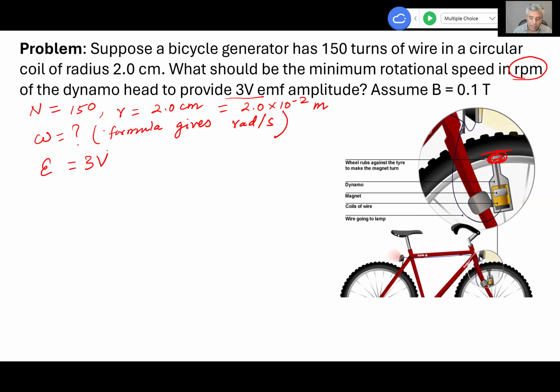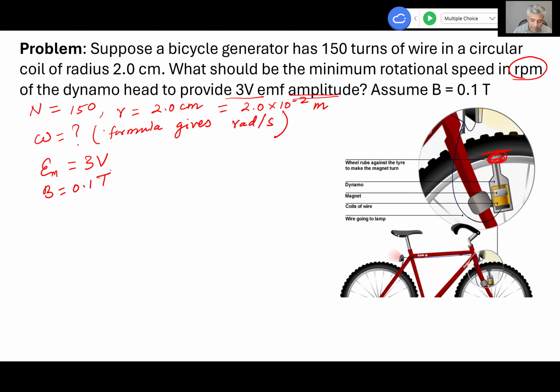See how the generated EMF goes from 0 to maximum. It says amplitude, so that means that's the maximum value. 3 volts, and then the magnetic field is 0.1 Tesla.